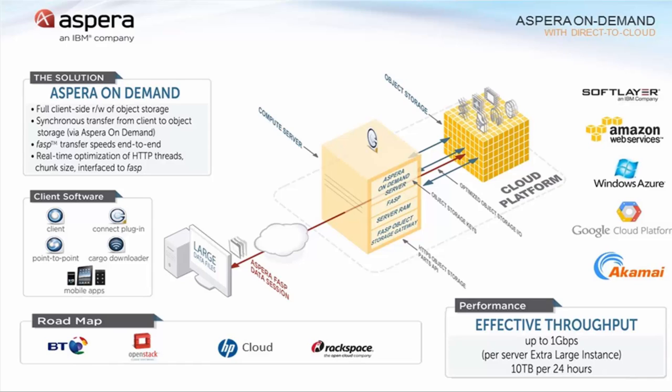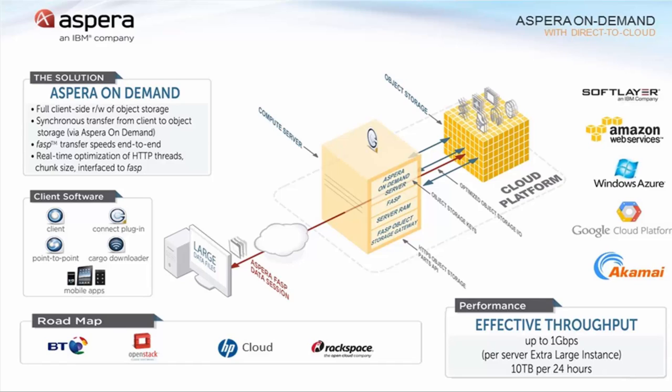Everything within Aspera is API exposed, if you will, so that you can integrate it into your specific application should you want to, or you can actually use our clients if you want to. It's up to you. It doesn't really matter to us. So we support an agnostic strategy, if you will.